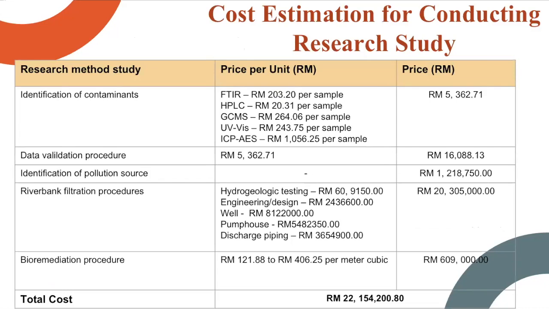Next, I would like to share the cost estimations for conducting the research study. As the research study team mentioned, there are several study methods involved: the identification of the contaminants, data validation procedure, identification of pollution source, riverbank filtration procedure, and bioremediation procedure.